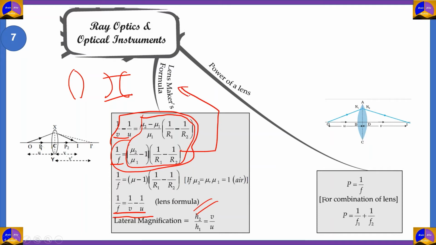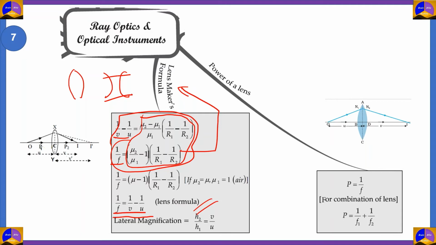So a lens maker uses this formula in order to make a lens of a suitable focal length. He will know the refractive index of the material and the radius of curvature for both the surfaces of a convex or concave lens. So that is how he makes a lens for a suitable focal length. He uses the lens maker's formula.